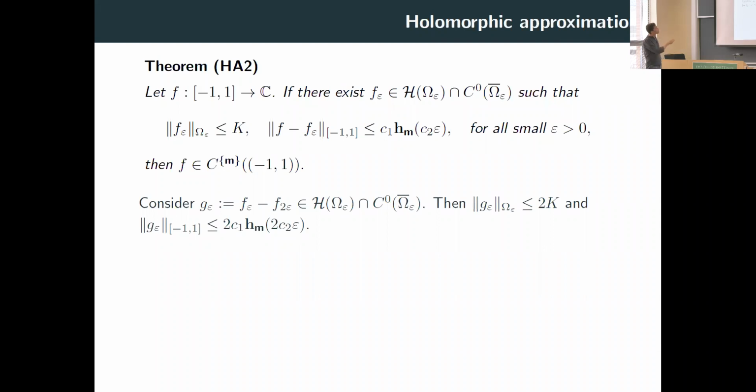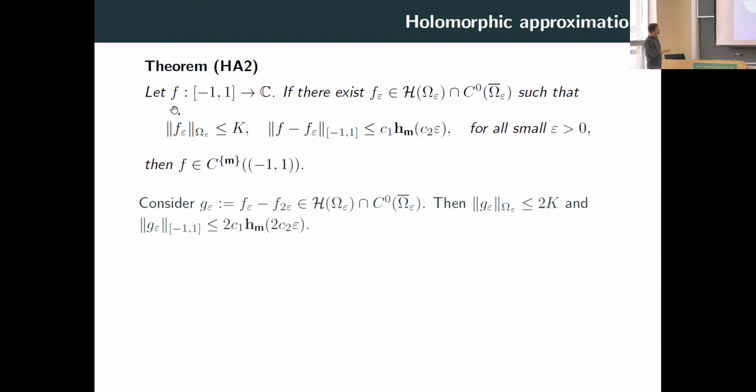So, okay, now we are given this holomorphic approximation. So I take f epsilon minus f 2 epsilon and call it g epsilon. This, of course, is a function which is holomorphic on the ellipse omega epsilon and continues up to the boundary, right?